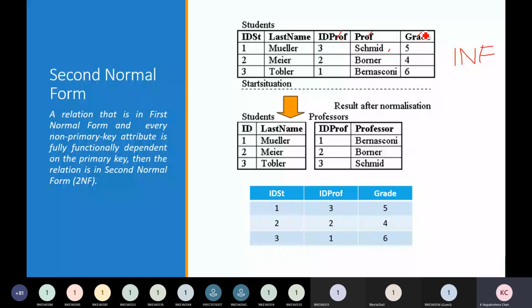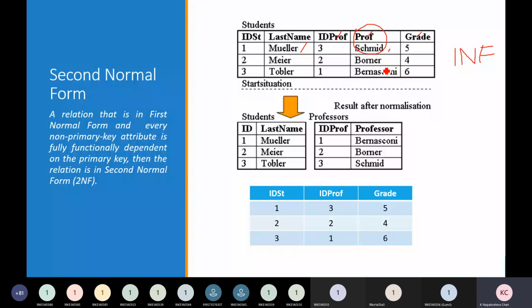When I delete the student data from the table, suppose I want to delete that Muller, it deletes the entire row of data. That means the professor data also gets deleted. Not only this example, you can take any example, Tobler or Mayer. If you delete the student data, it will also delete the professor data.